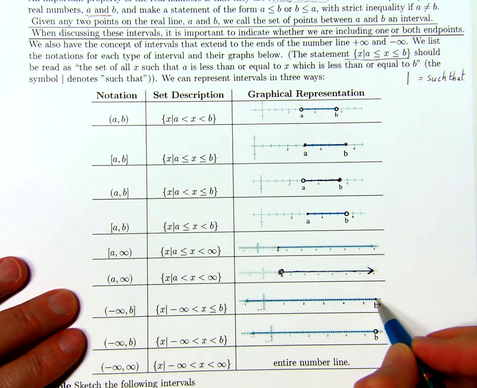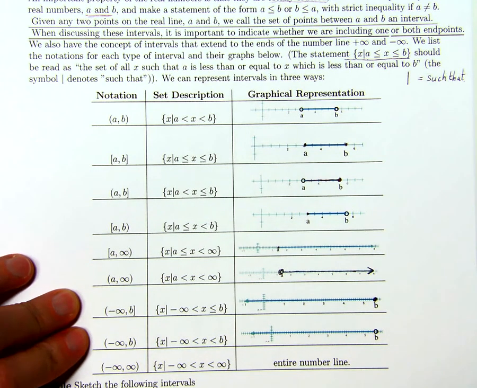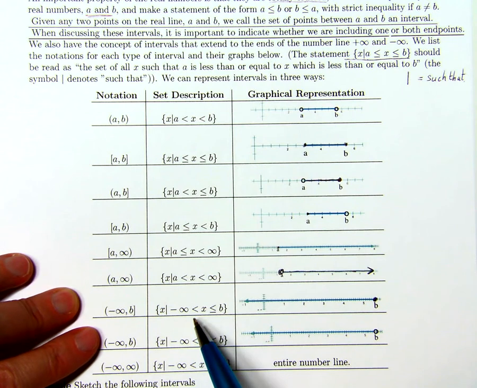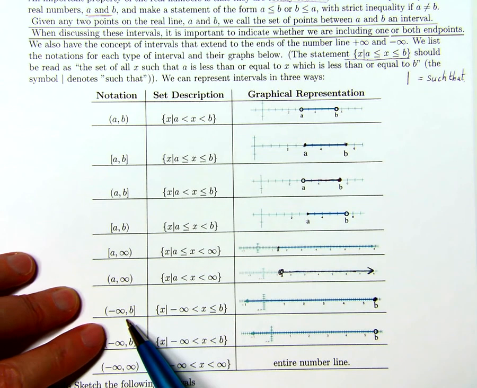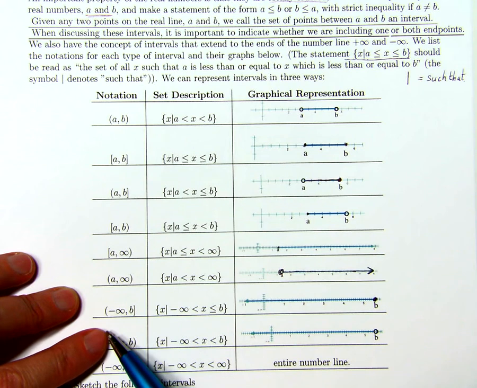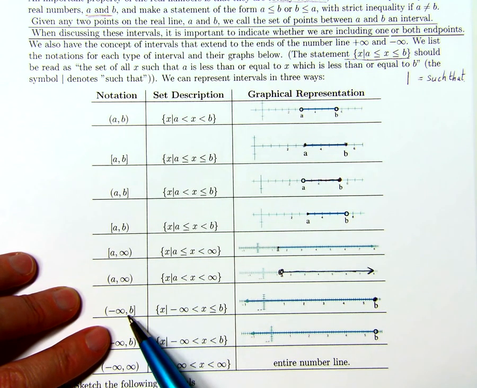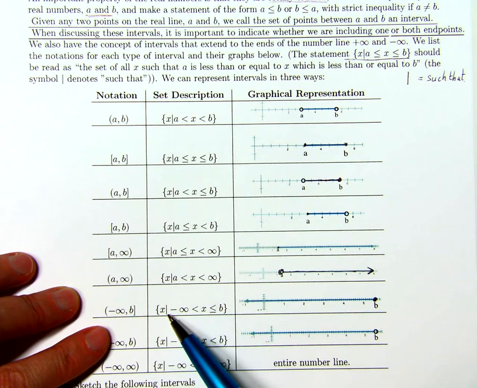Similarly, if we want the set of all real numbers less than or equal to b, then we're looking at the set of all x values between minus infinity and b, and we're allowing b into this set. So in interval notation, it's the set of all x between minus infinity and b, including b, so we have a square bracket at b.